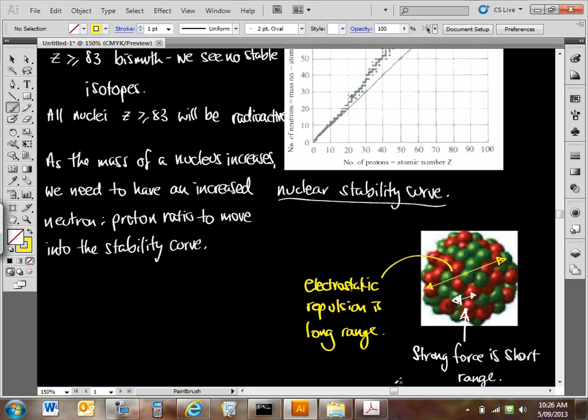What's going to happen? As this nucleus gets bigger and bigger, protons and neutrons are responsible for the strong force. Protons are responsible for the electrostatic repulsion only. And as this nucleus gets bigger, we need to increase the number of neutrons to increase the strong force.